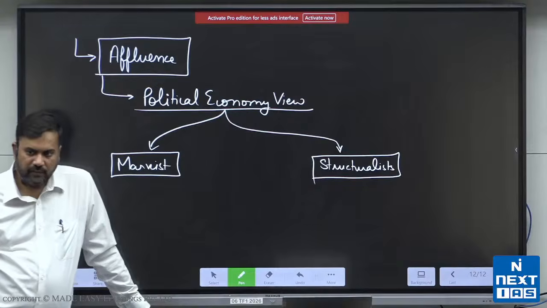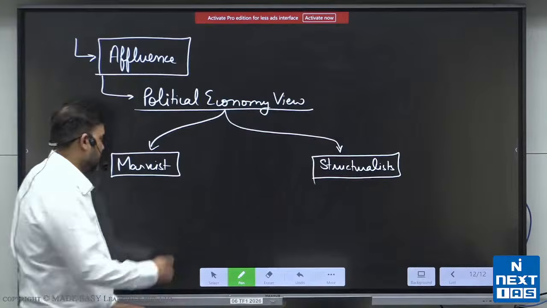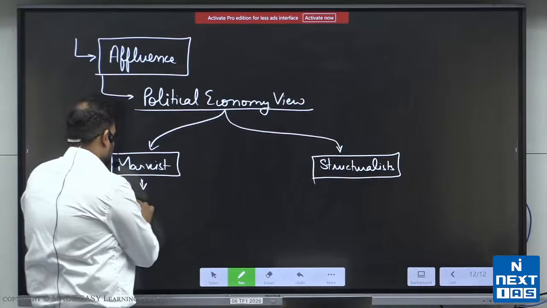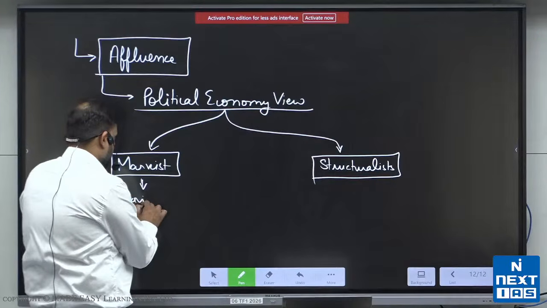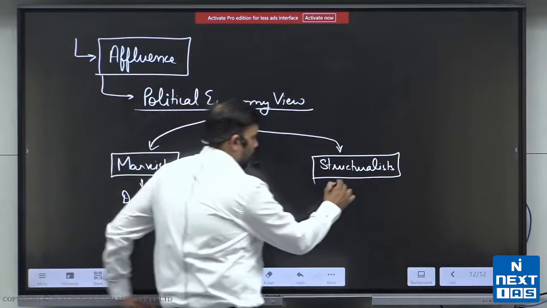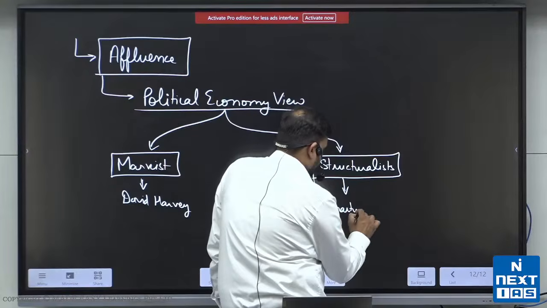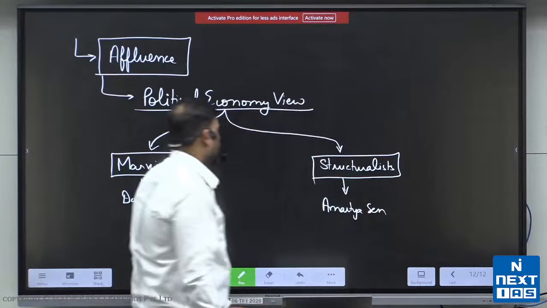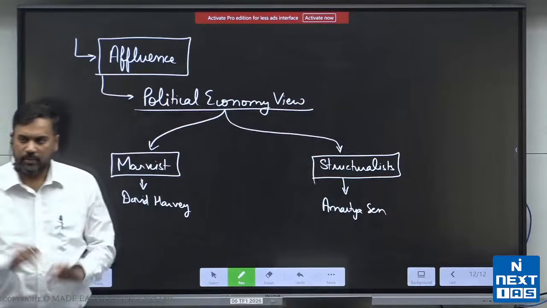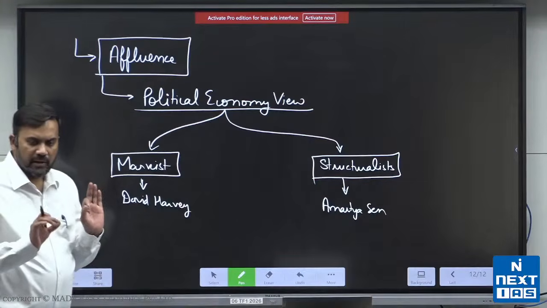Marxist very famous is David Harvey. Geography में अगर हम देखें तो it is Harvey who is very famous Marxist. ठीक है? I hope it is clear. So this is the political economic view.